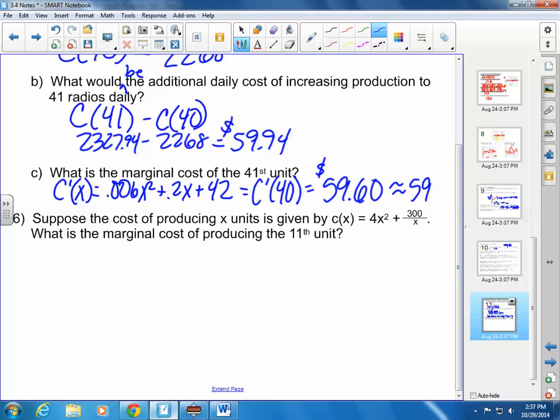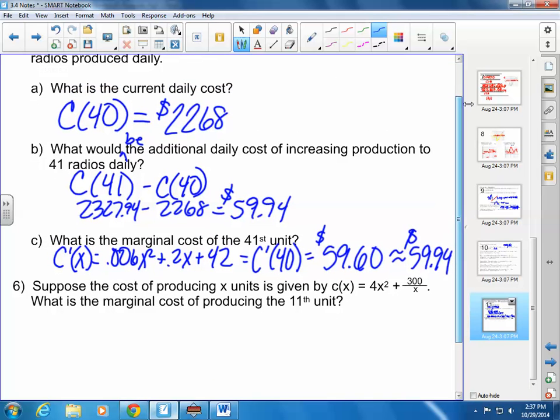It's another way of finding basically the exact same thing. Yeah, but you're supposed to find it at the 41st. You are, but to find the marginal cost of the 41st item, you can find the derivative of the cost function, the change at that particular point at 40, which is what the daily cost is, and it'll give you about the same answer. It's trying to show you two ways of doing it.